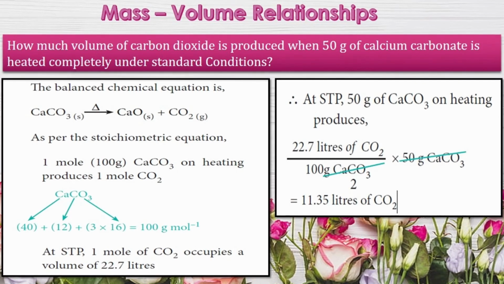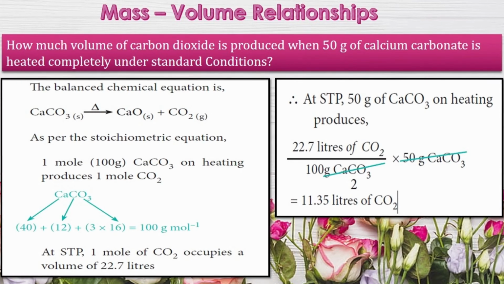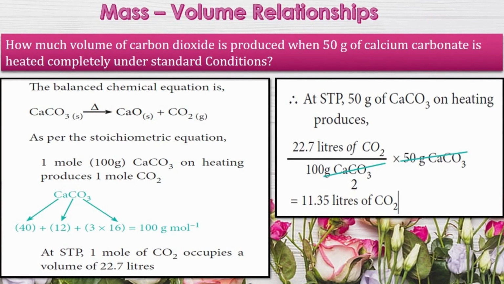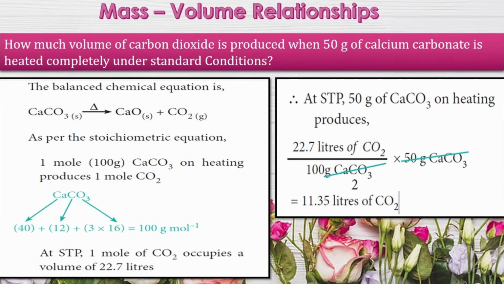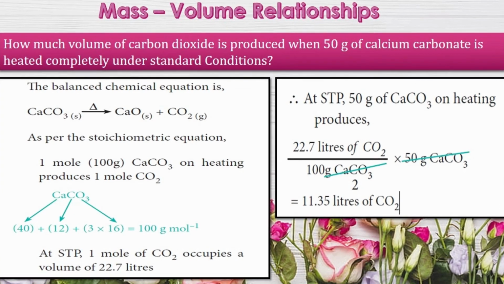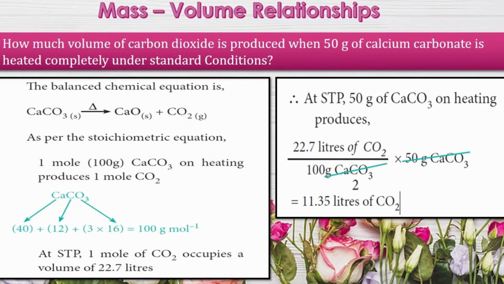Mass of 1 mole of carbon dioxide will be equal to its molar mass, that is 44 grams. So 100 grams of calcium carbonate will produce 44 grams of carbon dioxide. Or 50 grams of calcium carbonate will produce 22 grams of carbon dioxide.